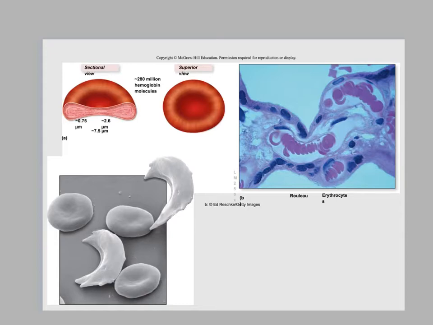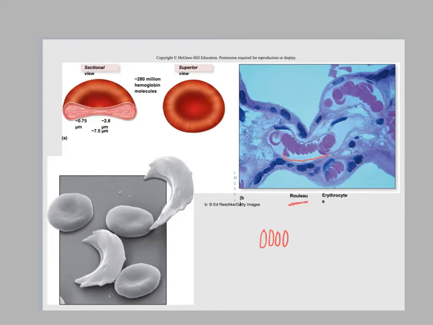And then what you end up seeing is that the size and the structure of these, right, they're about the diameter of the smallest capillary, so that a red blood cell can be able to fit through, right? And the size and the structure also allow them to stack. And that's what you call a rouleau right here. Right, see these cells right here? They're stacked on top of one another, so it looks like this.